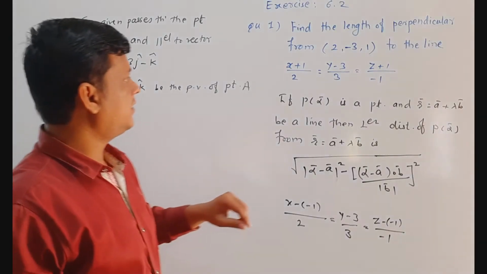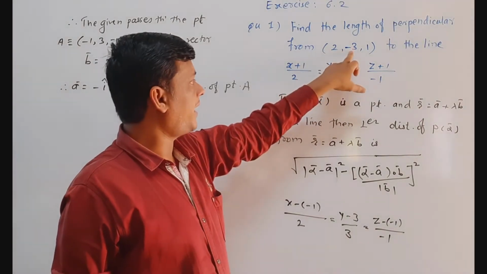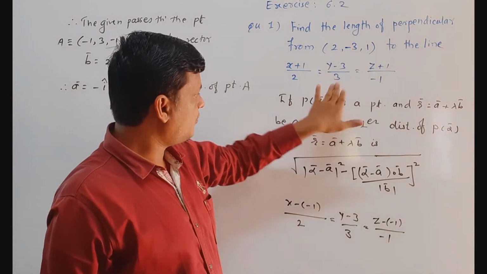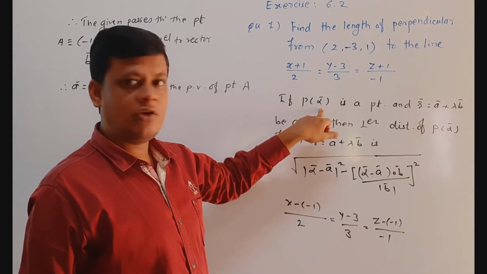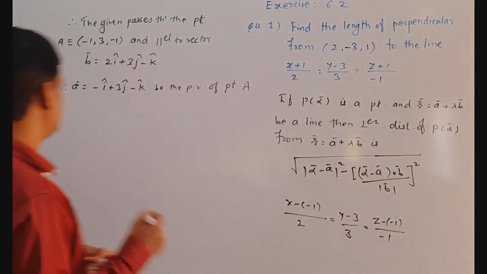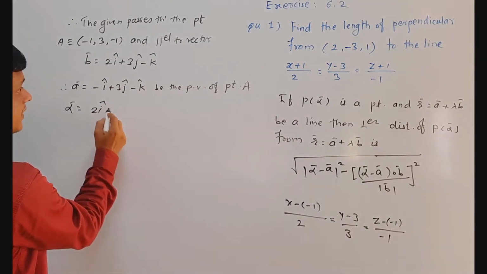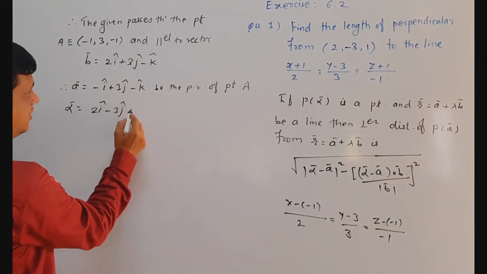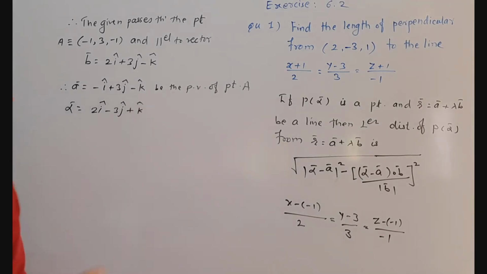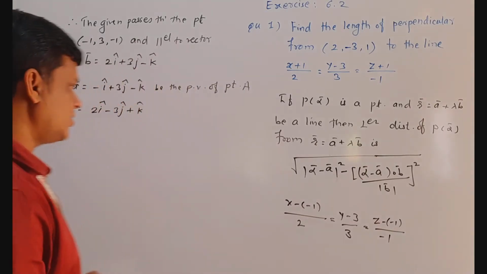Now this point 2, minus 3, 1 is point P here, that means value of alpha bar we can write from this coordinate. So we write here alpha bar is equal to 2i minus 3j plus k. Now we find alpha bar minus a bar first.